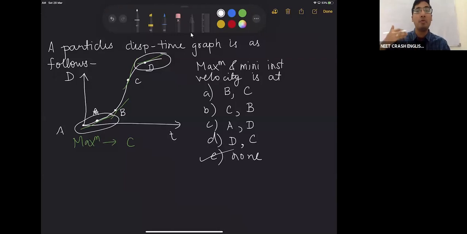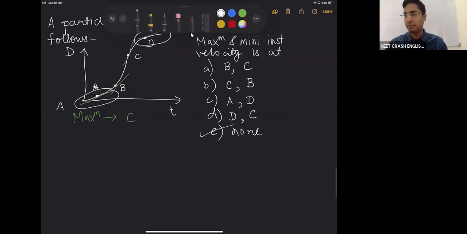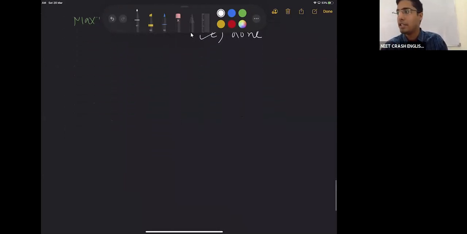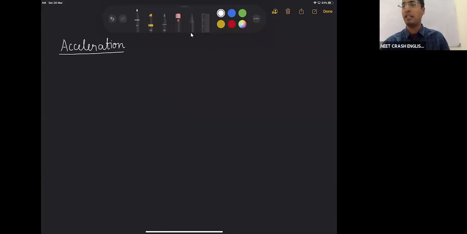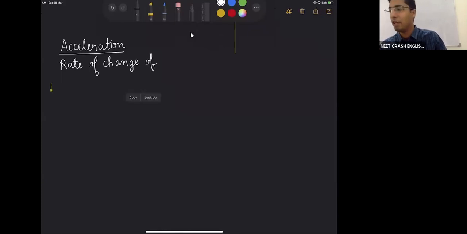Okay. Now let's move on to the last quantity, which is acceleration. Acceleration is defined as rate of change of velocity.